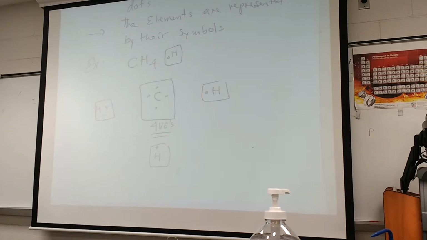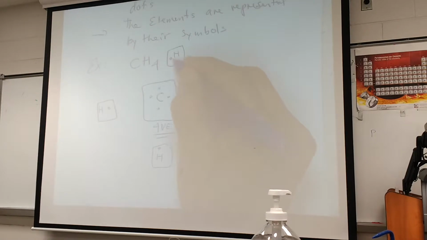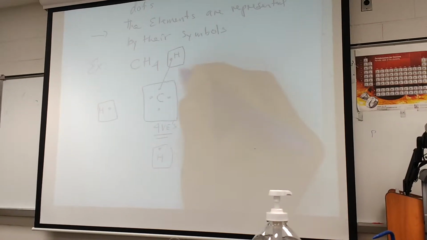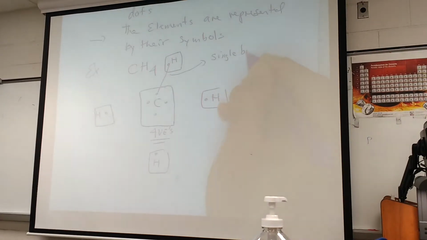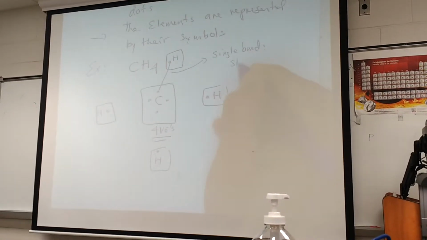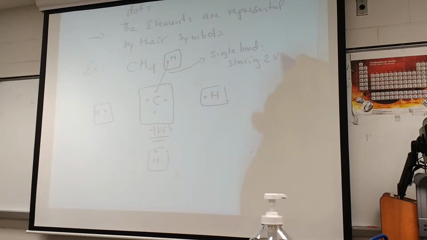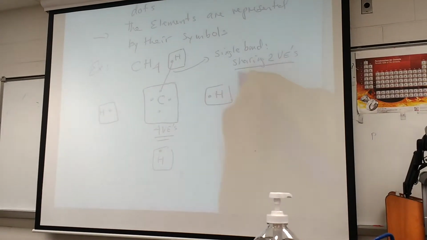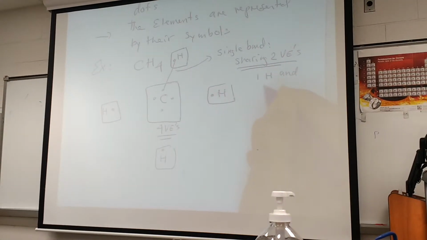Now, in order to have a covalent bond, you start with the single bond. So one single bond is called here single bond. We are sharing what? Sharing 2 VEs. One from hydrogen and 1 from carbon.